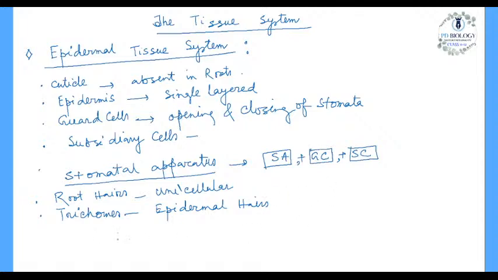They are usually multicellular, branched or unbranched, and soft or stiff. They have secretory properties. These trichomes help in preventing water loss due to transpiration. That is another property.